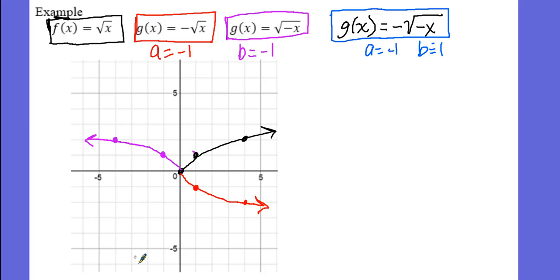You work in the grouping symbols before you work out. So our first flip would be left one, right? Across the y-axis. So we're graphing it that way. So we're going to take this purple graph and we're going to do what with it? We're going to flip it over the x-axis. And there it is.